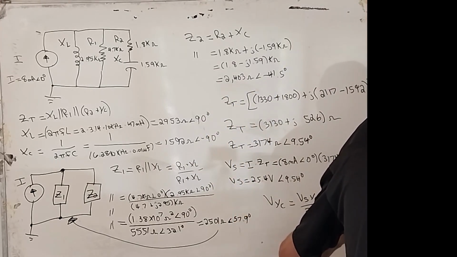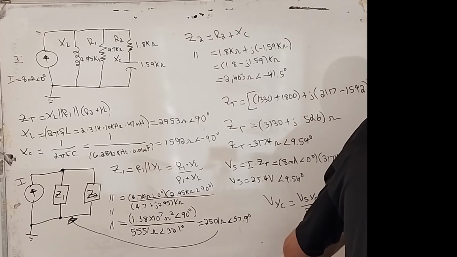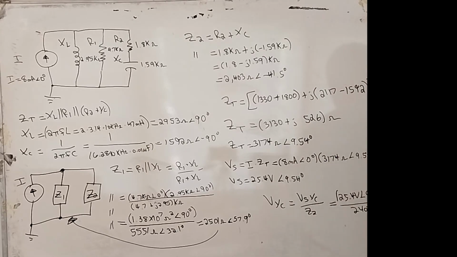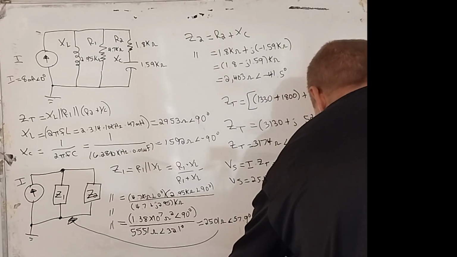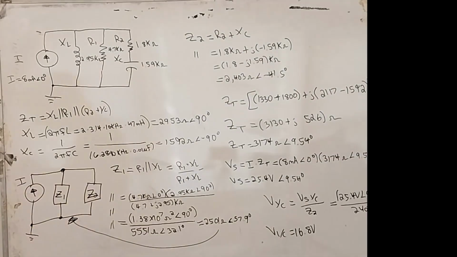3 ohms at an angle of negative 41.5 degrees. Now, if we do that, multiply that by 1592, and I'm just going to use regular numbers here, we get 16.8, and that is not right because that's not what the back of the book said.